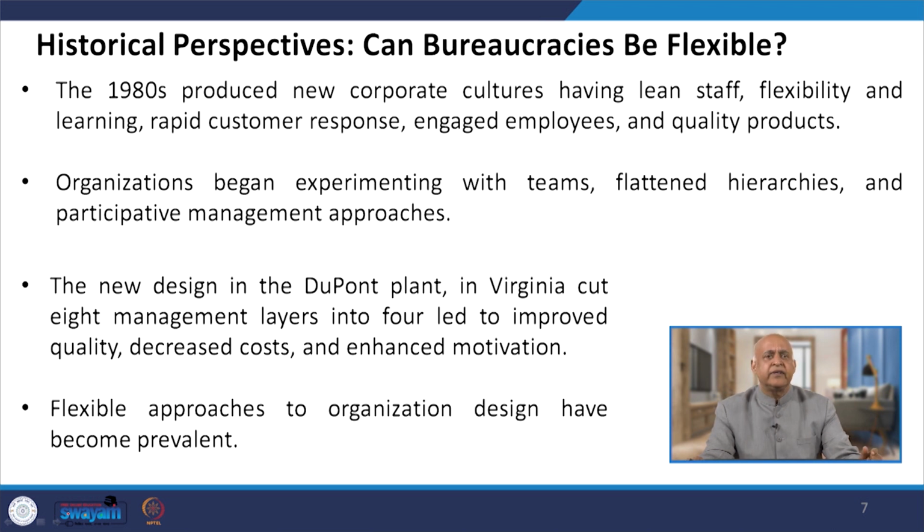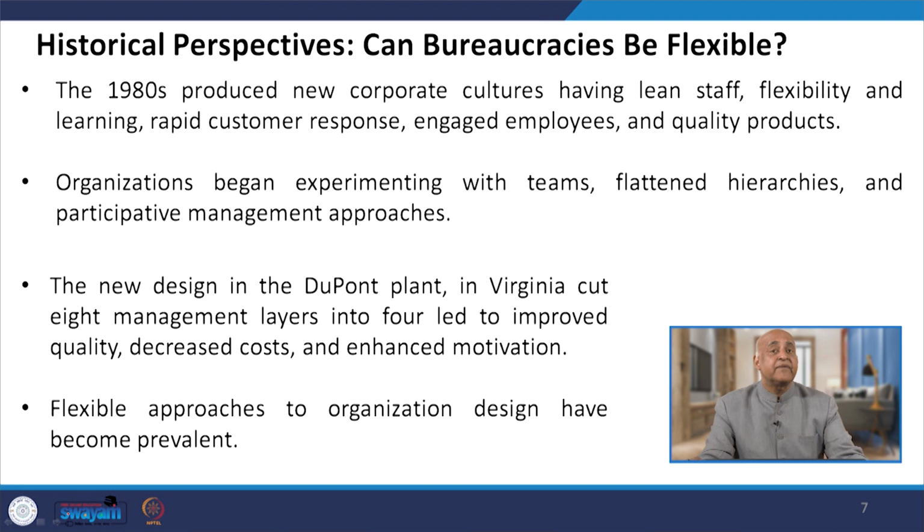In India it started in 1991, but that concept of new corporate cultures had lean staff, that is, minimum people, right. So, when you are talking about the bureaucratic structure, can we change from that rigid structure to the lean structure?